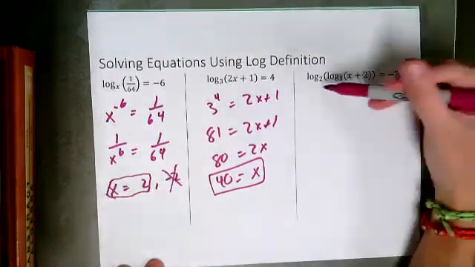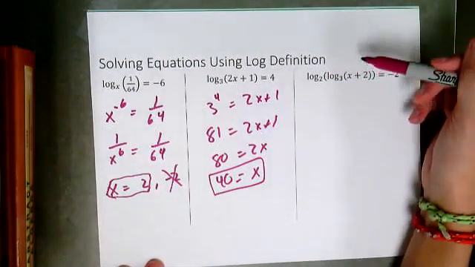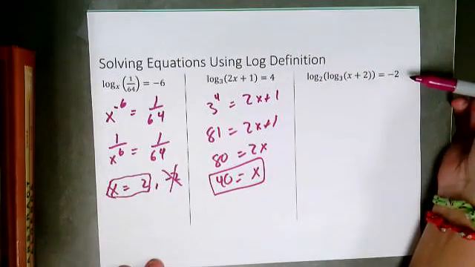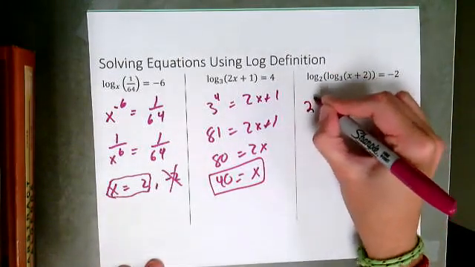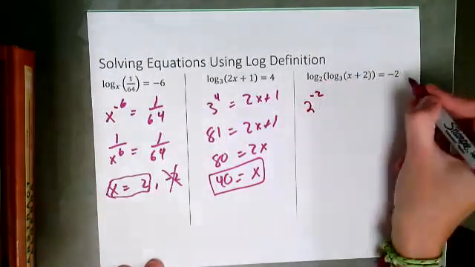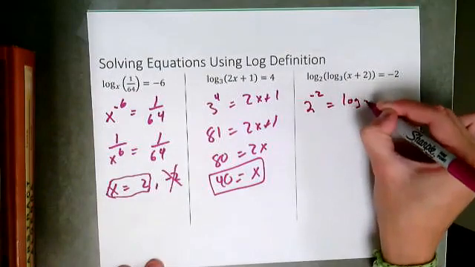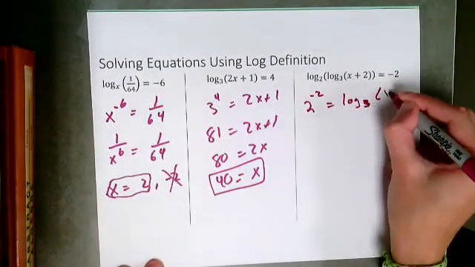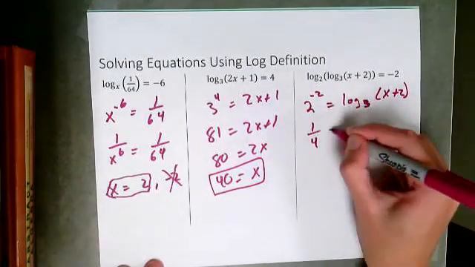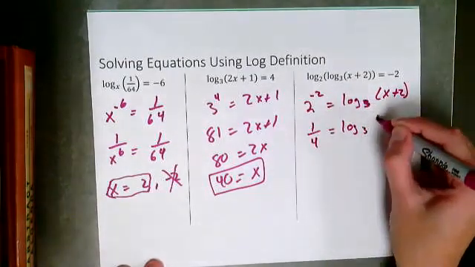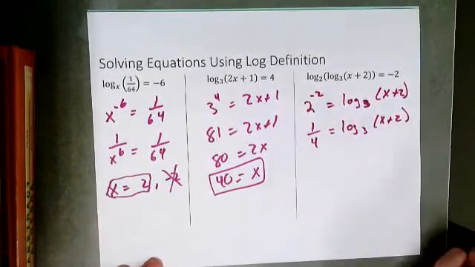Okay, logs inside logs. Well, log base 2 of log base 3 of x plus 2 is equal to -2. Let's take care of the outer log first. So this becomes 2 to the -2 is equal to this inside bit, which is log base 3 of x plus 2. 2 to the -2, that's 1/4. All right, now let's change this into exponential form again.